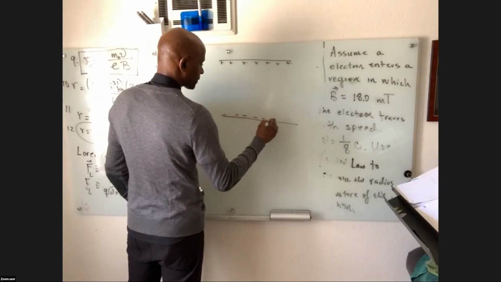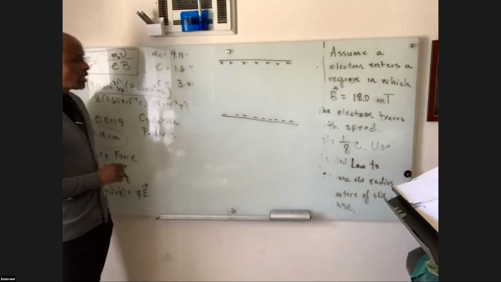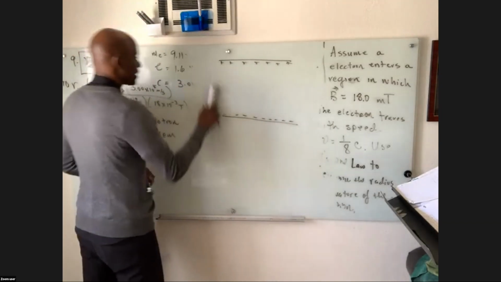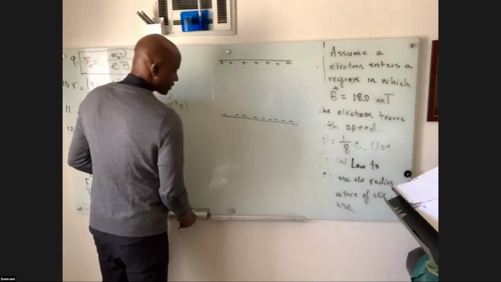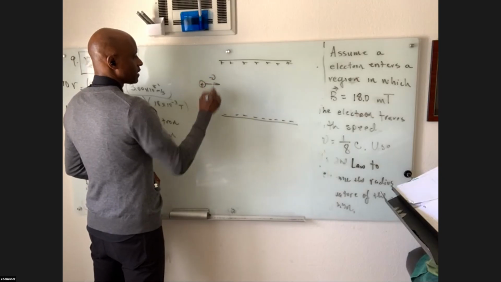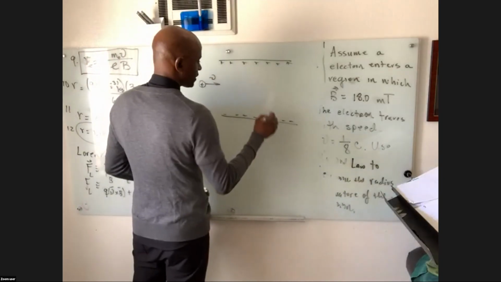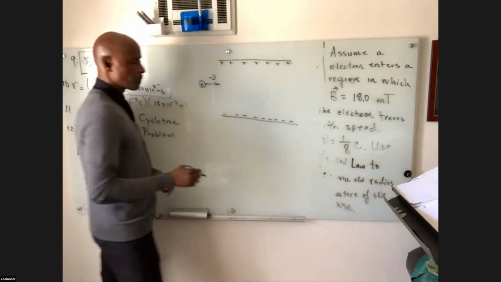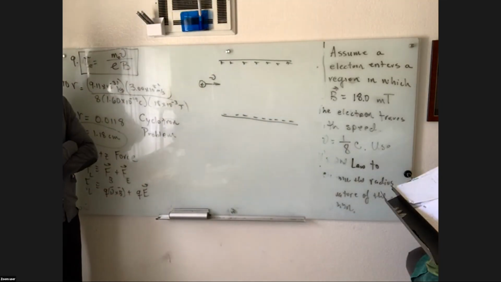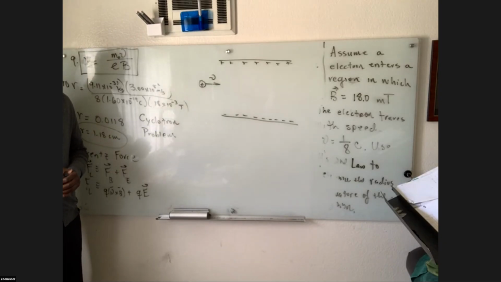What happens when I send a positive charge, let's say a proton, through this at speed v? What type of motion will occur? We've already done this problem. Jason, what type of motion?